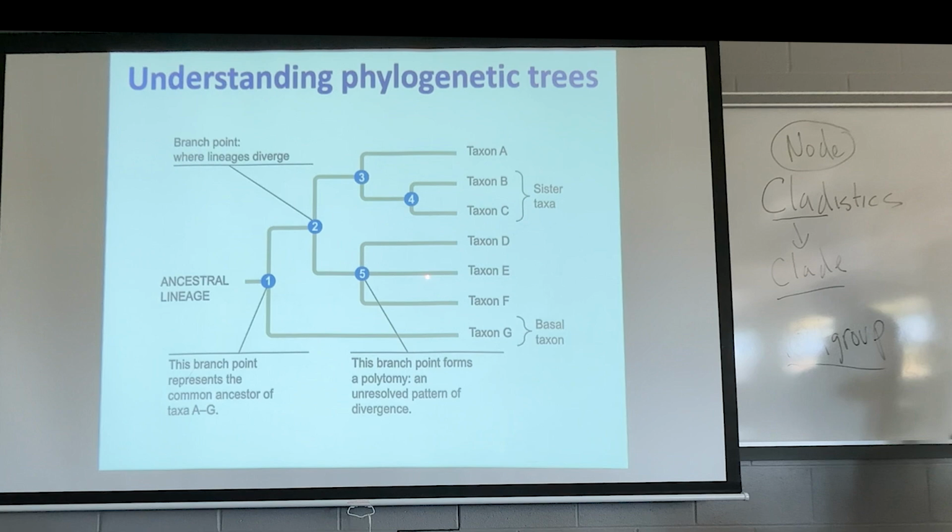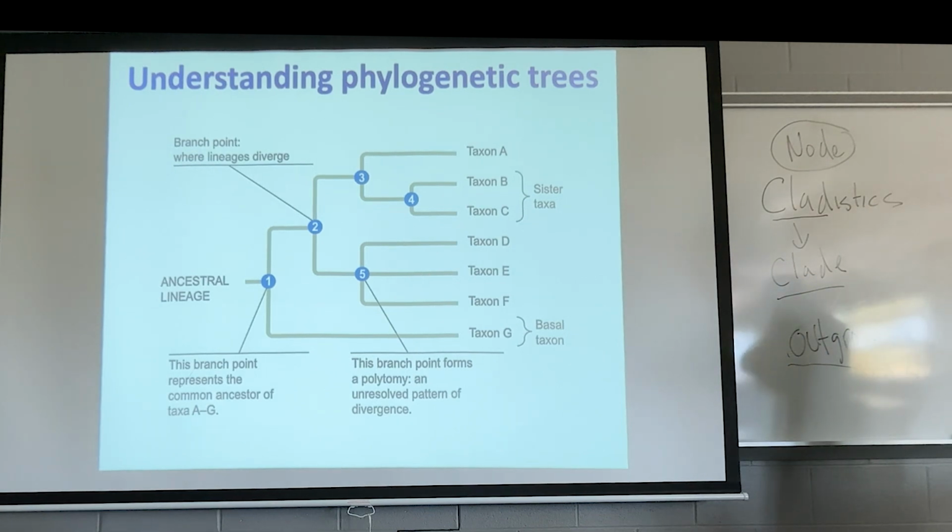And what this represents is we don't know how they differ from the common ancestor and from one another. So this is an unresolved part of the tree that we just don't have either data for, or the data doesn't work well. And so we kind of leave them alone together and really don't talk much about them until we can gather data that will actually support how they're related to each other.